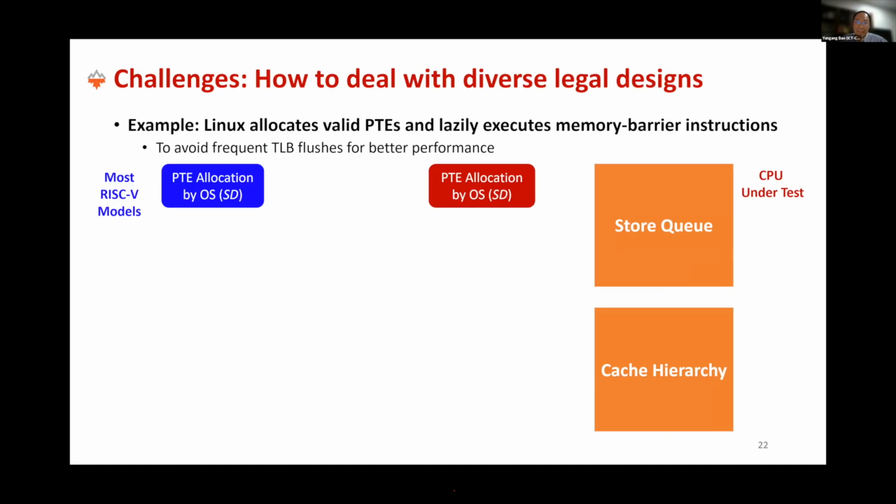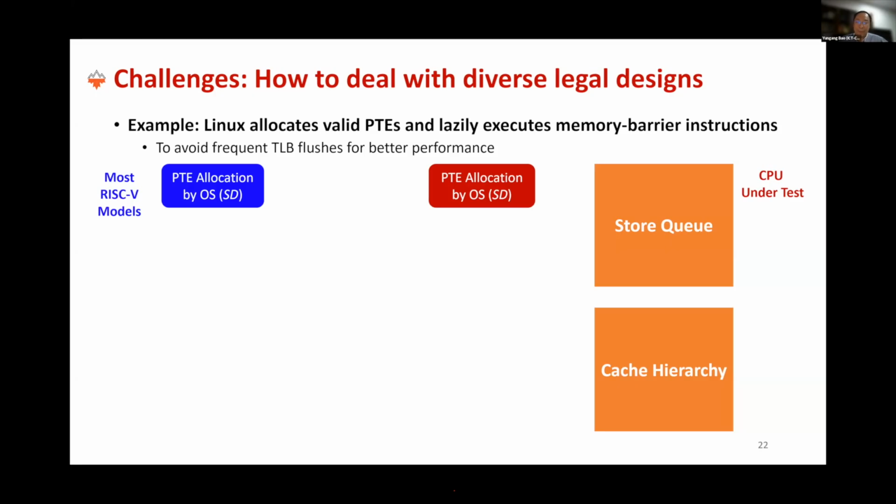There are also some new challenges. For example, sometimes with the same specification, there can be multiple diverse legal designs. For example, if Linux allocates a valid page table entry and then lazily executes a memory barrier instruction, in this case we will see two legal execution paths.